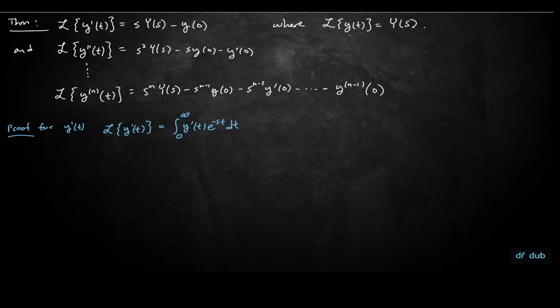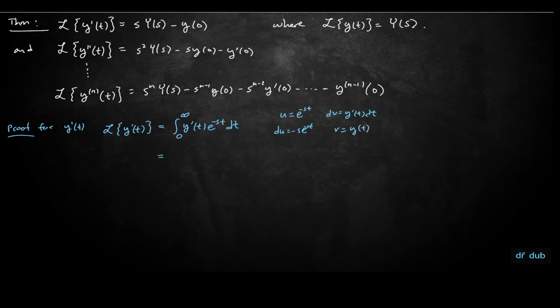What we're going to do is use integration by parts, where we let u equal e to the negative st and dv equal to y prime of t dt. And so differentiating, we get du, which is negative s e to the negative st. v is just going to be y of t.